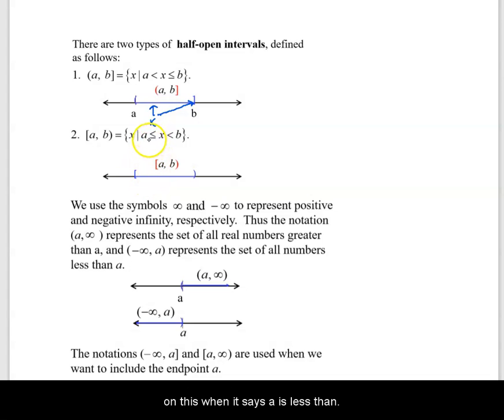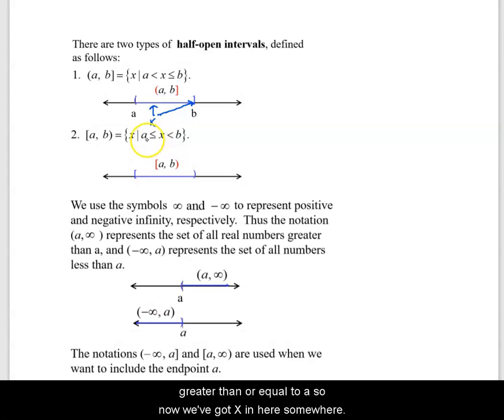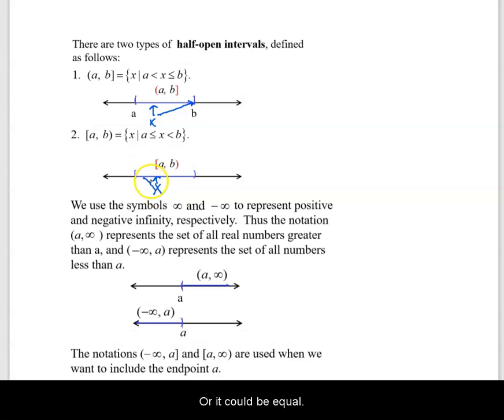On this one, it says A is less than or equal to x, or if we go backwards, x is greater than or equal to A. So now we've got x in here somewhere, or it could be equal to A because we have a bracket, but x has to be less than B. X could be all the way over here, as close as we could possibly get to B. But x will never be B because it's got to be less than.